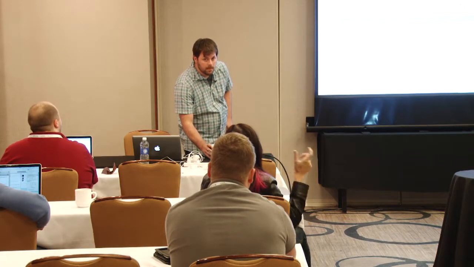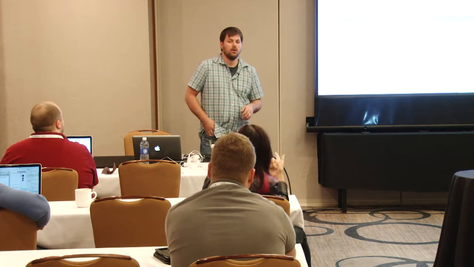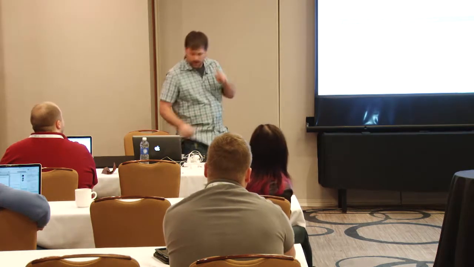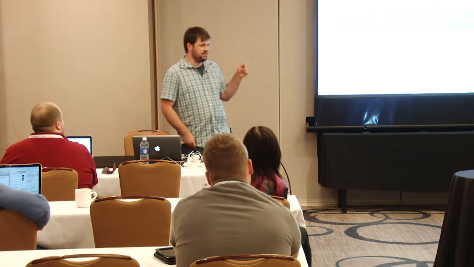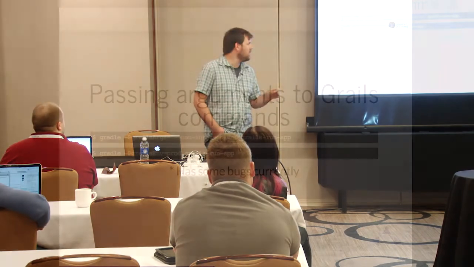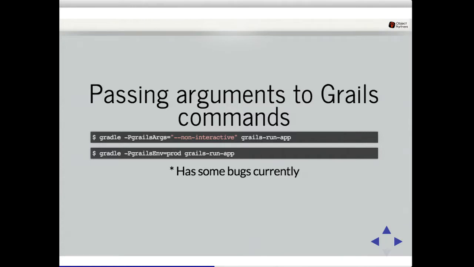So you said originally the test task basically didn't work for arguments, and you're talking about the built-in arguments as opposed to the system property ones? Correct. I had mentioned earlier that the built-in tasks didn't respond to arguments passed on the command line, and I was referring to these two: -P grails args and -P grails env.